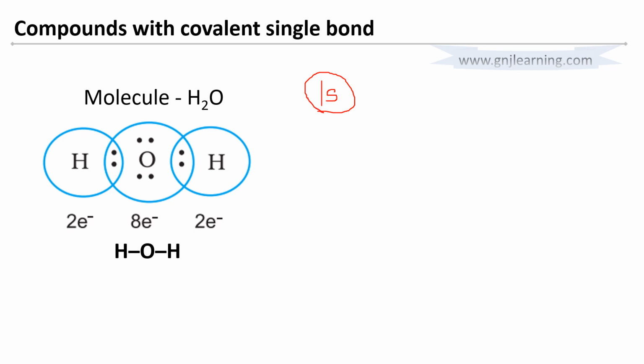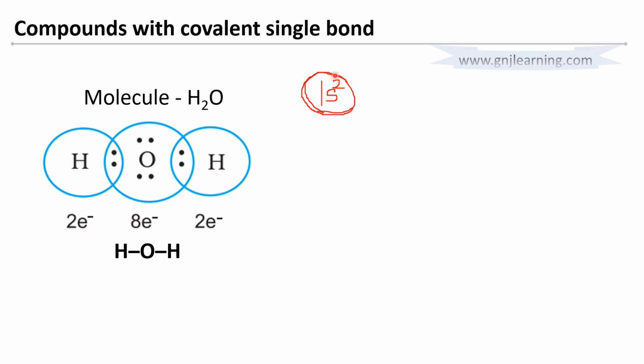Helium already has 2 electrons, and if hydrogen receives 1 electron, it has a completely filled valence shell. Since 2 electrons are required for a completely filled valence shell, we call it a doublet, not an octet. In the case of hydrogen and helium, we call it a doublet.